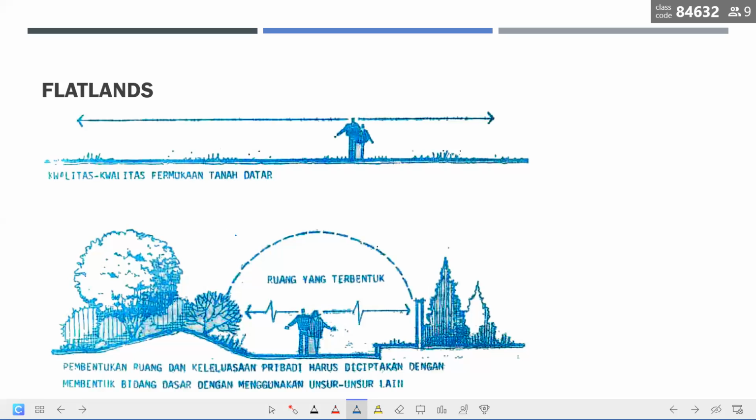You can form or enhance visual or spatial qualities by introducing new elements or new attributes to flatlands. Perhaps even introducing certain raised surfaces.